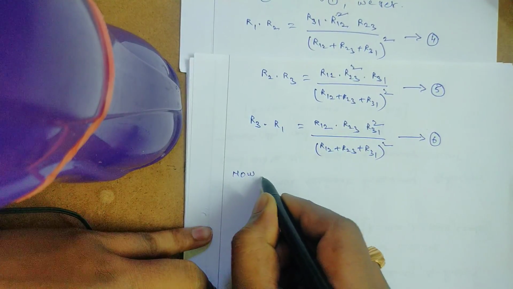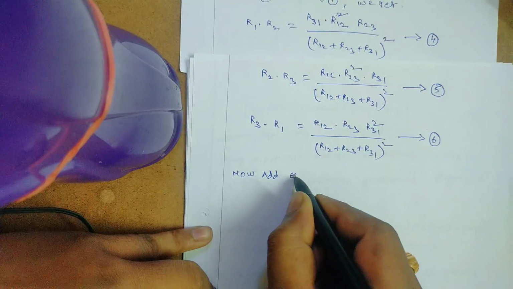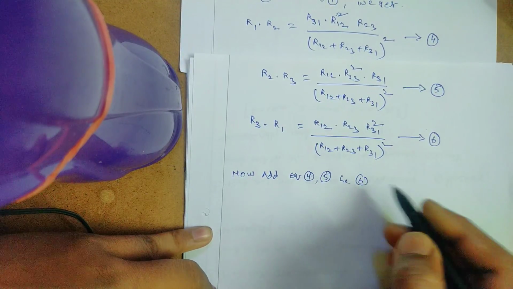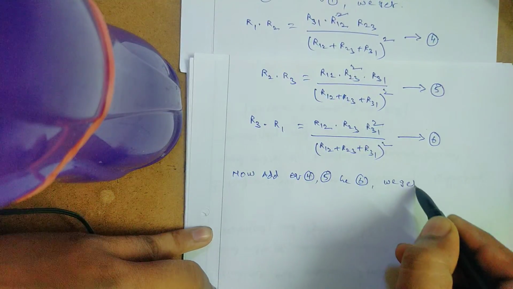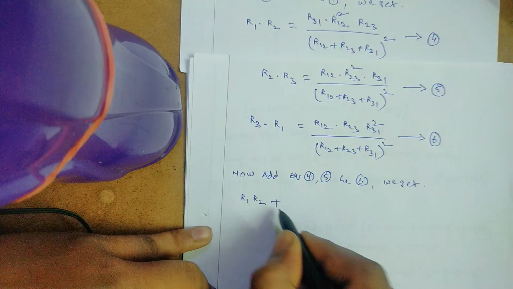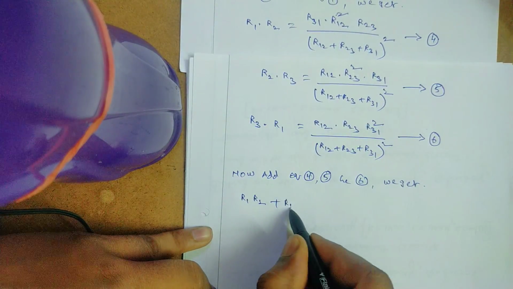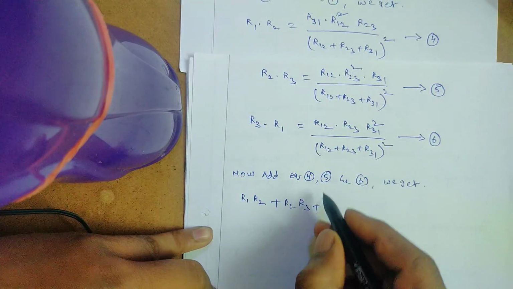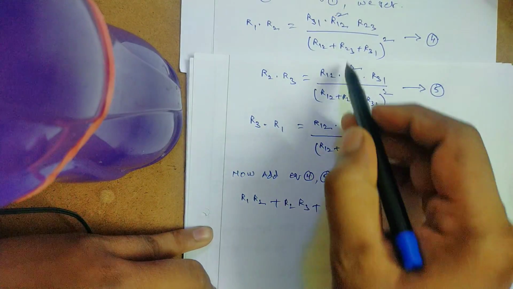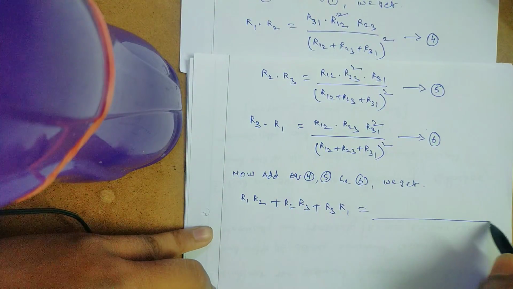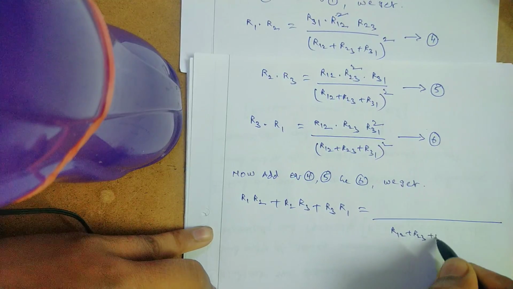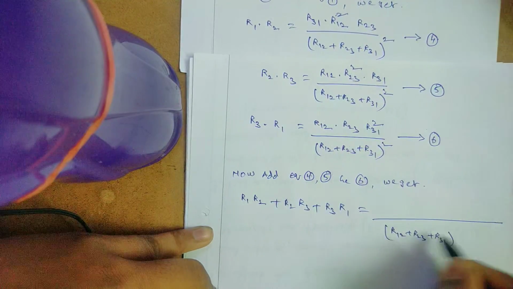Now add equations 4, 5 and 6. We get R1 R2 plus R2 R3 plus R3 R1. The denominator is the same, LCM R12 plus R23 plus R31 whole square.